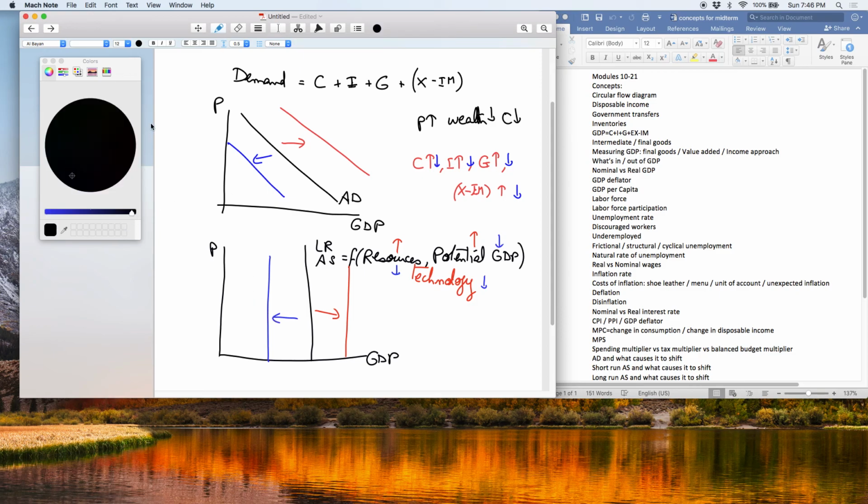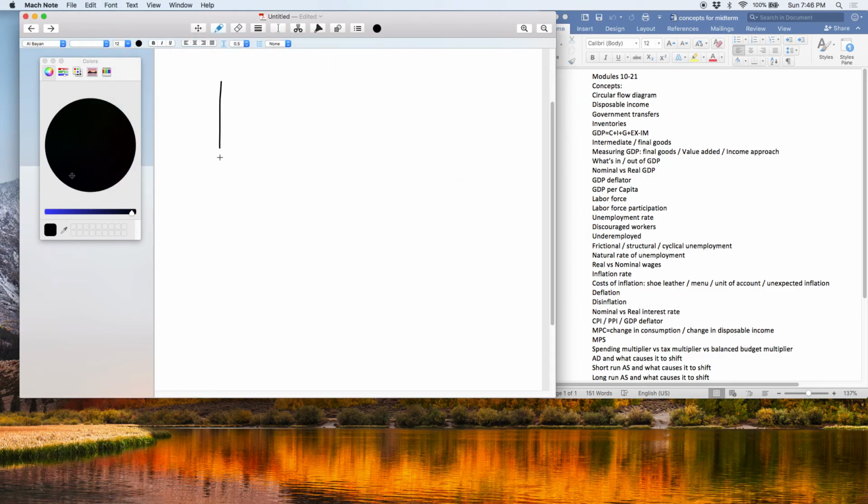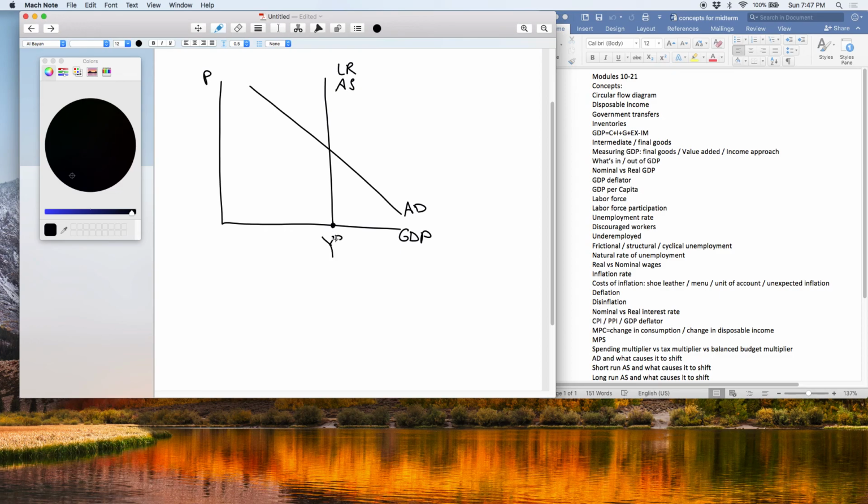Let's now talk about putting it together. So, okay, we said the neoclassical approach, or the classical approach to economics, said they only knew that the long-run supply curve existed. They didn't realize there was a separate short-run supply curve, and you have the aggregate demand curve. Where they meet, we call that potential output.